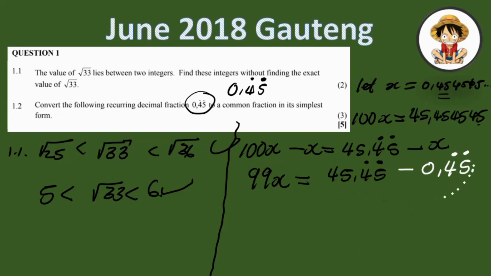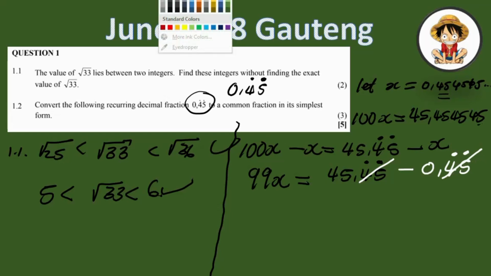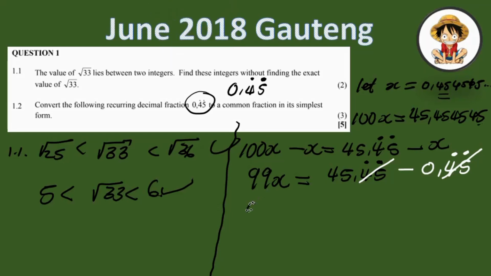So when I subtract these values, all the numbers that come after the comma will subtract all the numbers that come after the comma here. So this value no longer has numbers after the comma because they are cancelled by all these numbers after the comma. What am I getting? I'm now getting 99x being equal to 45.